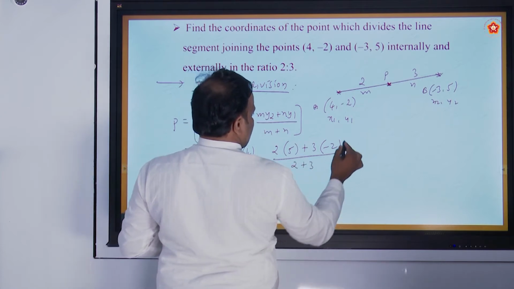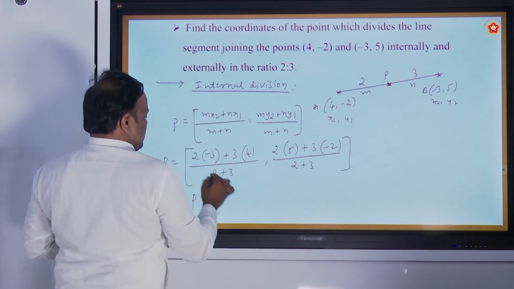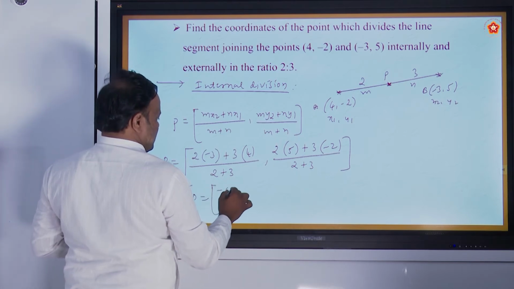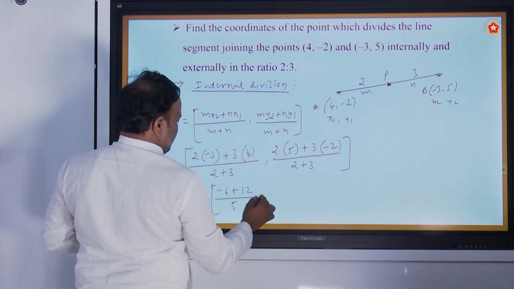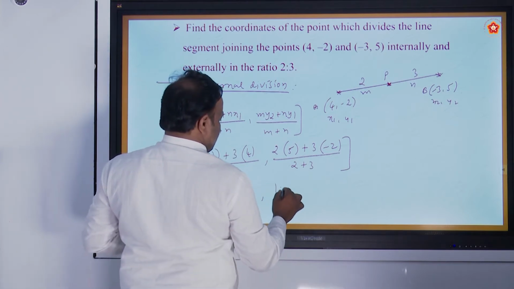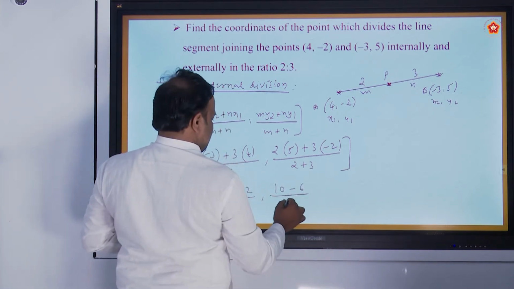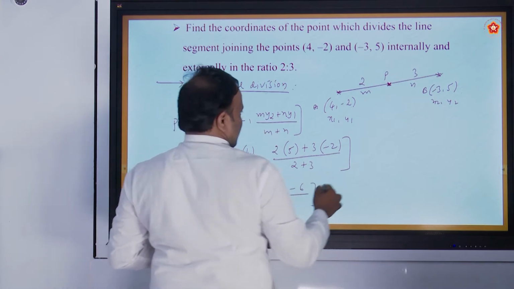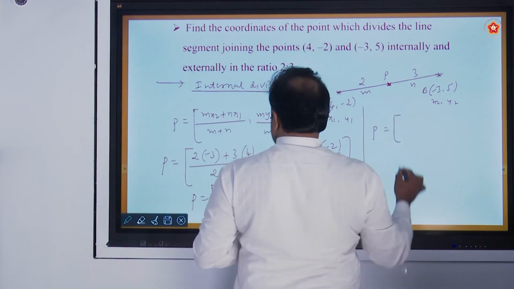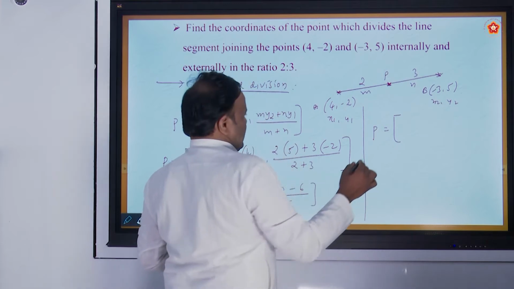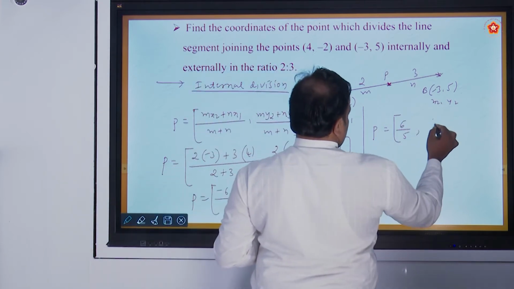Simplification. So P is equal to ((2 times -3 is -6, plus 3 times 4 is 12)/5, (2 times 5 is 10, minus 3 times 2 is 6)/5). Now -6 plus 12 is 6, so 6 by 5, and here 4 by 5.